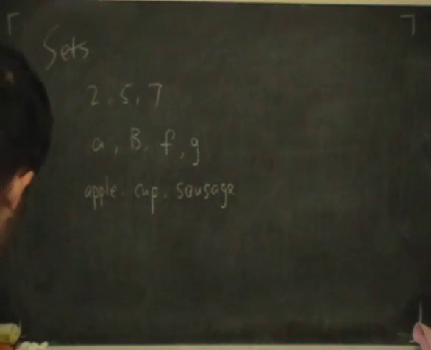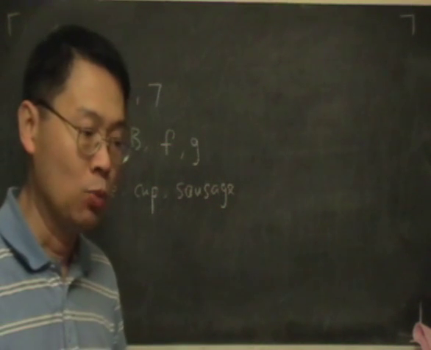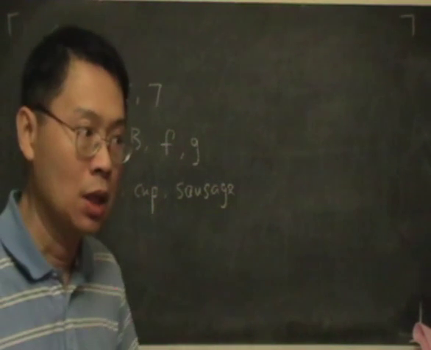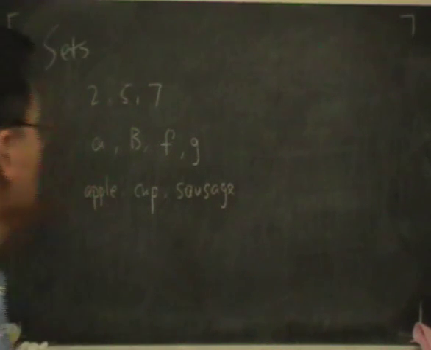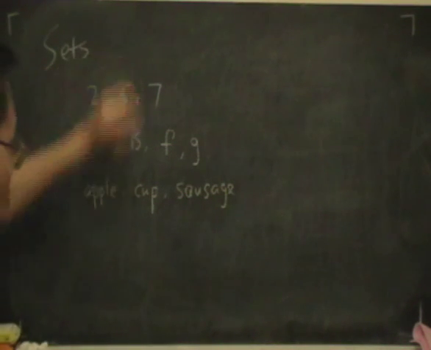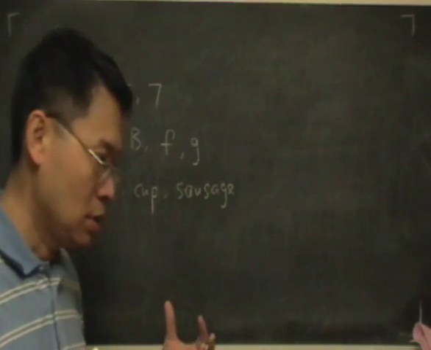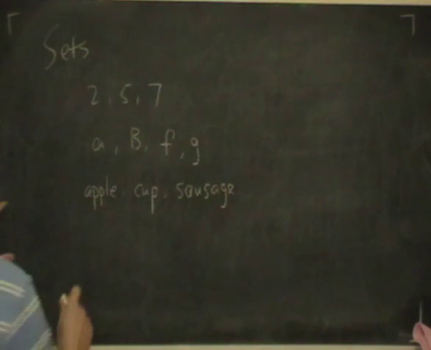Right, now when we talk about a set, when we're going to start trying to describe it more carefully, we need to learn some names. Now if I have a set of objects, each object in this set is usually called an element.